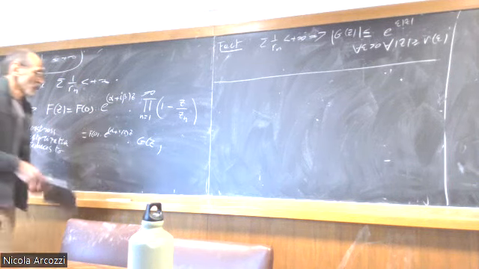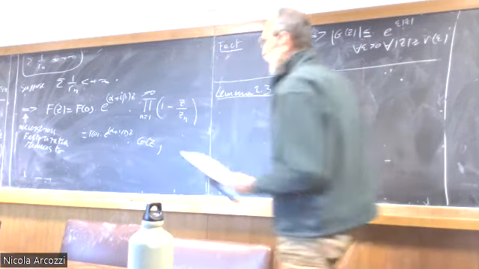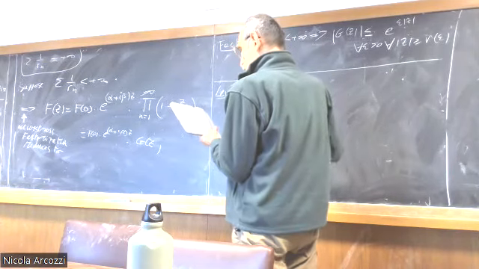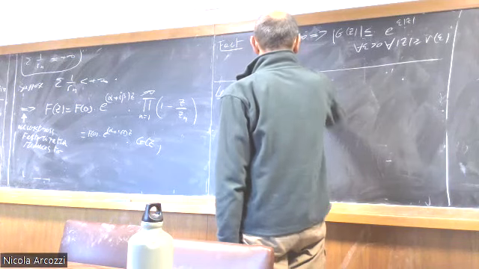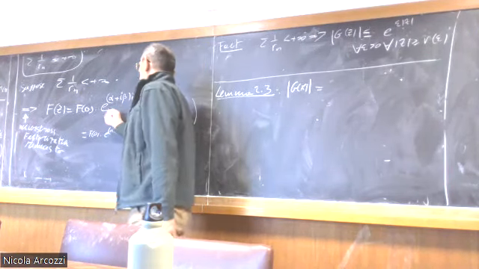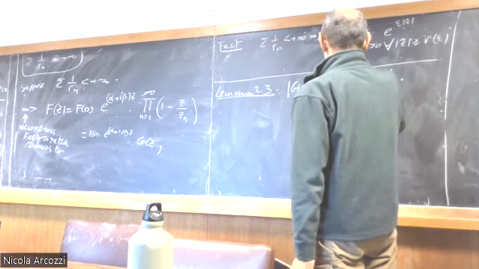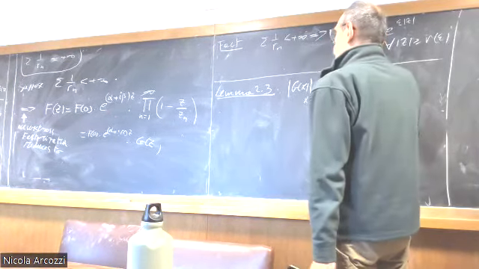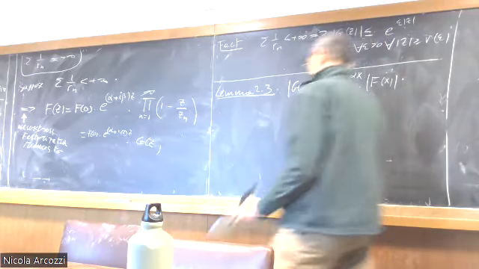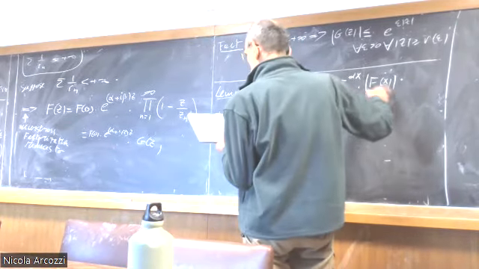Lemma 2.3, which says that G of x, which is equal to e to the minus alpha x times f of x, taking x positive, is not a big O of... okay, this is not a big O of what was the order.